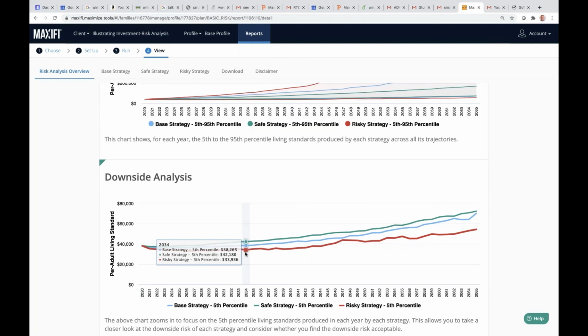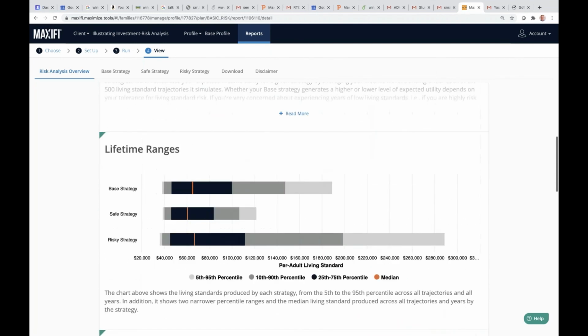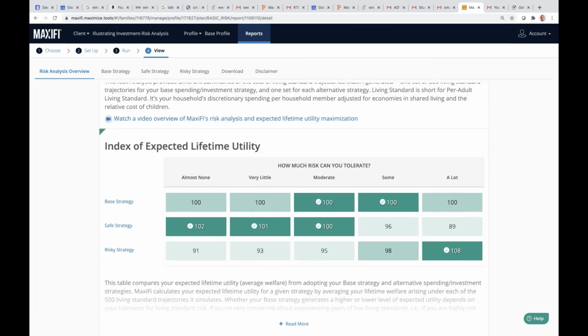And if you were spending more aggressively, this red curve would be further down. It might start around 45,000 and end up around 35,000 or 33,000. So by playing with these different things, how you're investing, the diversification, but also how aggressively you're spending, you're going to see the range of where you're going to be ending up, and get you thinking about how you do want to invest and also how aggressively you want to spend.